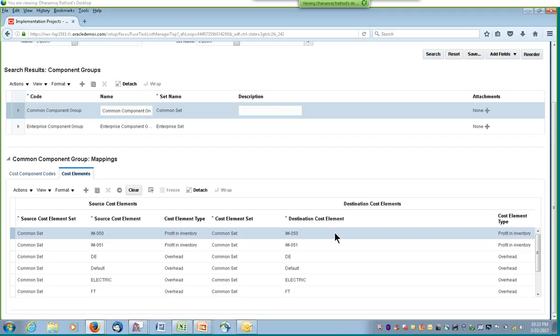Then you'll have to map the source cost element to a destination cost element, so that whenever you move the transactions, you would have the cost in those cost elements, because cost accounting will always show the cost in the context of cost element. So in the ideal case, it will be like to like. They use the same cost element, so it's all like to like.